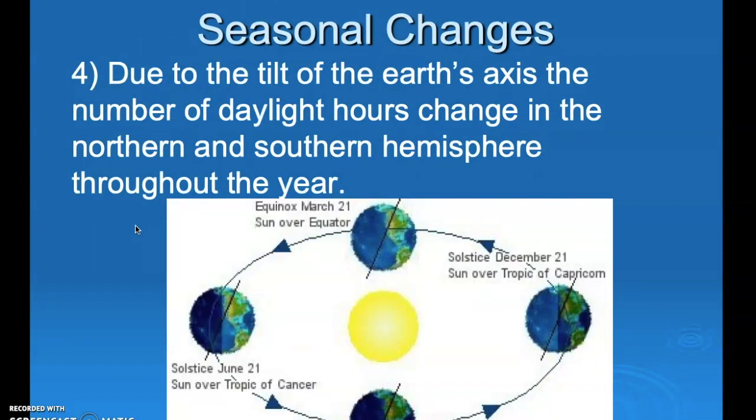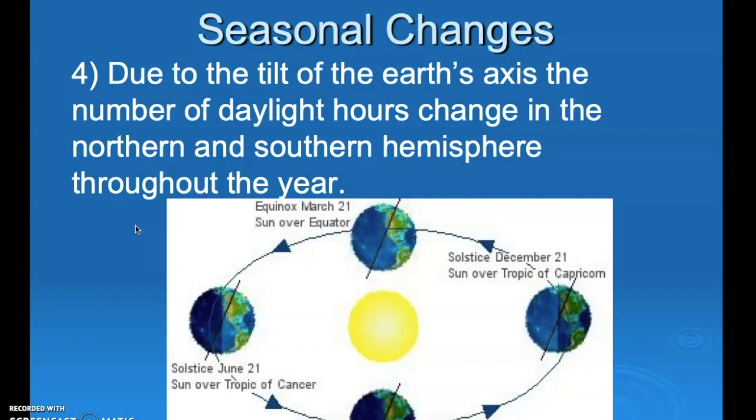The fourth factor is seasonal changes. And seasonal changes are due to the tilt of the Earth's axis. The number of daylight hours change in the northern and southern hemisphere throughout the year. So we talked about this earlier in the year, that the Earth revolves around the sun, and one full revolution takes 365.25 days.